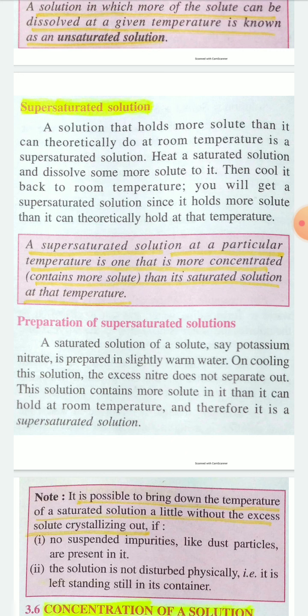For example, a saturated solution of a solute like potassium nitrate is prepared in slightly warm water. On cooling this solution, the excess nitrate does not separate out. That means this solution contains more solute in it than it can hold at room temperature. Therefore, it is a supersaturated solution.